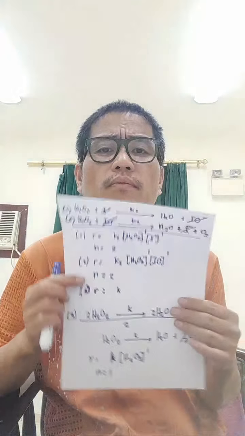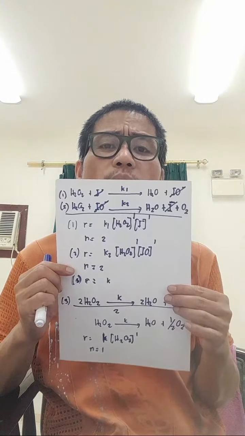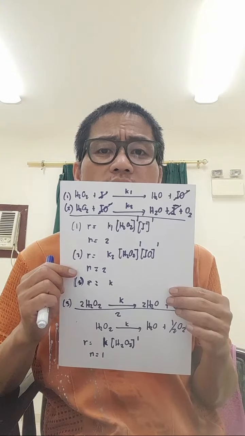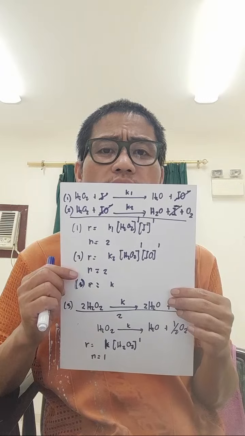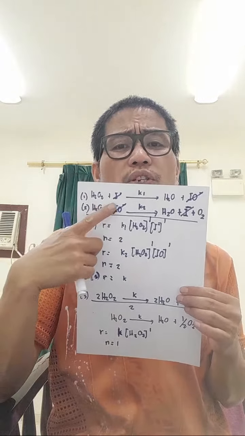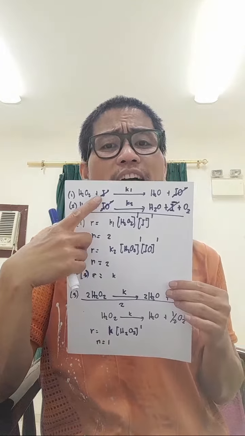Our catalyst here is iodide, because this is added first to speed up the reaction, added by hydrogen peroxide. So iodide is our catalyst. It is consumed first and then produced later, so it's still there.